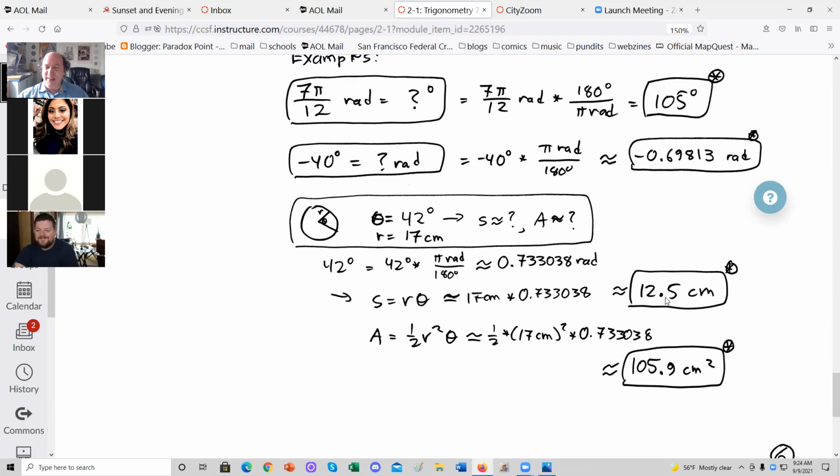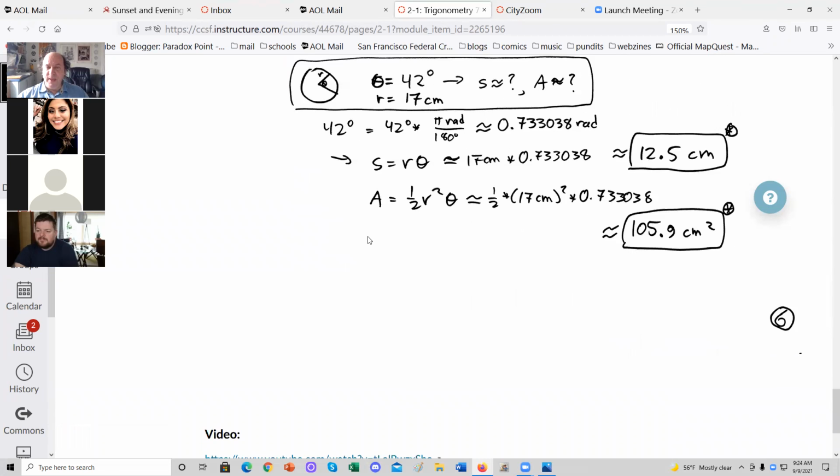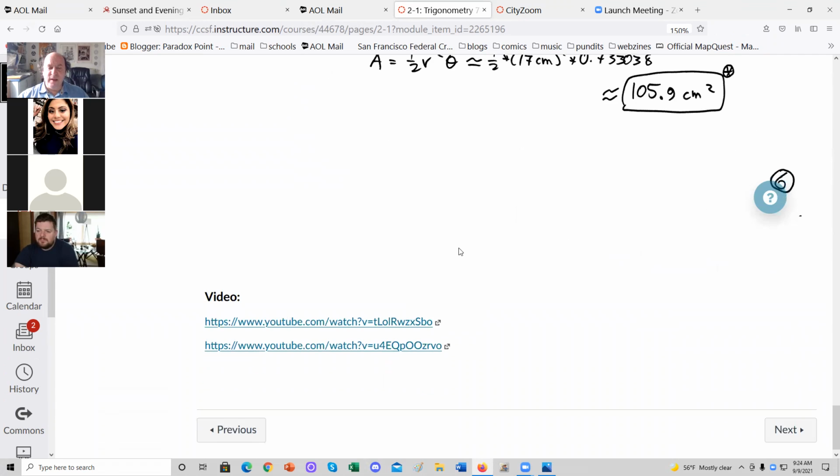So I'm going a little bit more than really required. There would be no point in doing 6 figures of accuracy. The r and the theta were not measured that accurately. A is a half r squared theta, so a half times 17 centimeters squared times 0.733038, approximately 105.9 square centimeters. So there we have that.